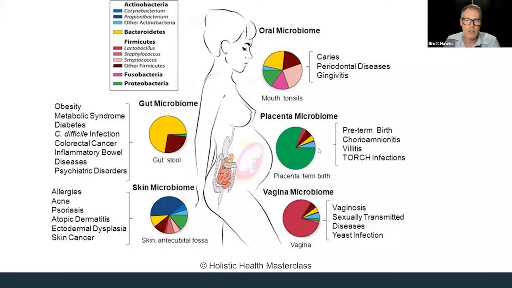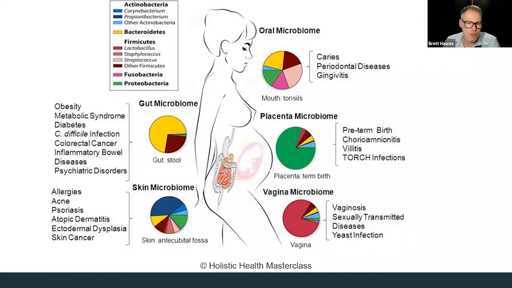Now, what's interesting, I'll just point out two things here. The first one is the placenta. We've always thought of the placenta as a very sterile environment, and it turns out that newer research is uncovering that it is populated with certain bacteria, and we'll touch more on that in just a minute. The other thing I want to pull out here is the oral microbiome.